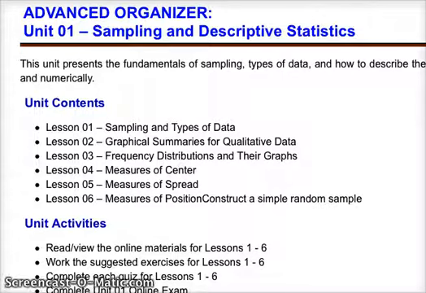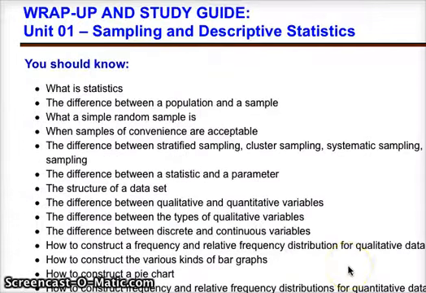Measures of spread. Remember, we're talking about range and standard deviation and variance. And then measures of position. That's where percentile came into it. Make sure that you review that. And again, this is the wrap up and study guide after Unit 1.